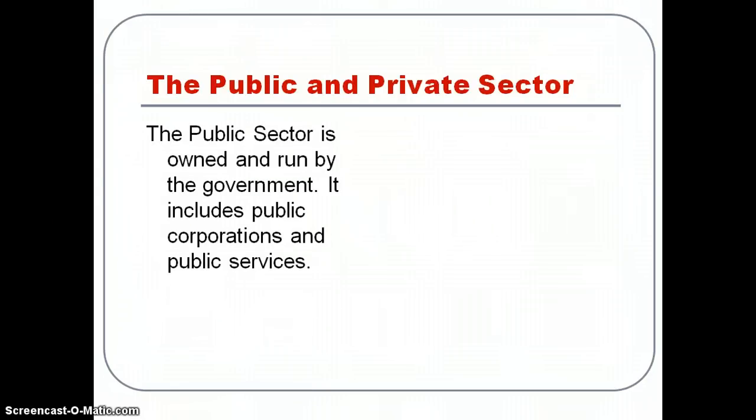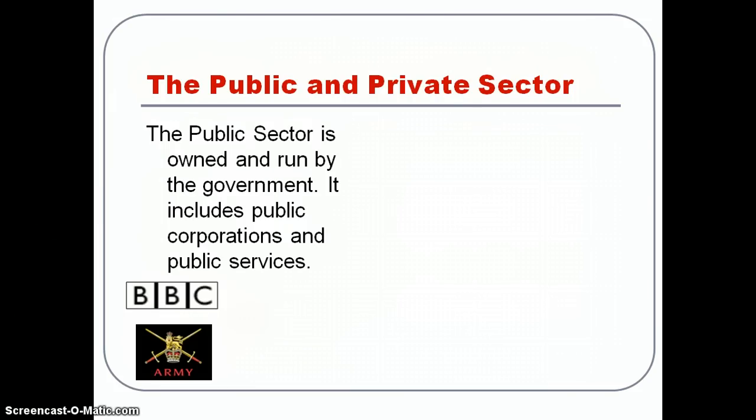Okay, so it's owned and run by the government, and it includes the public corporations, the businesses owned by the government, and public services. So the BBC is a public corporation, a business. The army is a public service. The post office is a business, whereas the police and the NHS are public services.